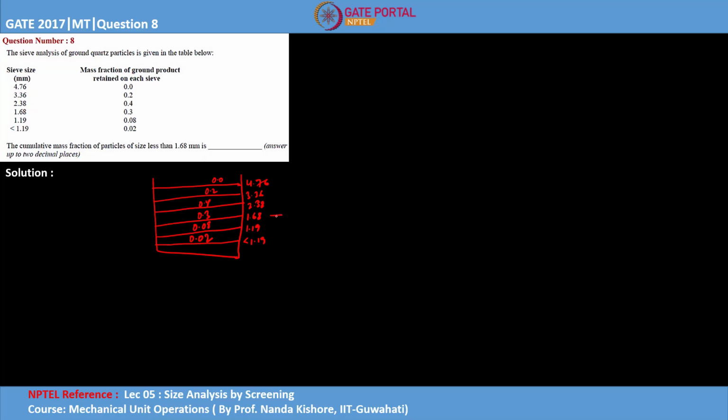So this is the sieve with the size 1.68 mm, and the question is asking for particle size less than 1.68 mm, meaning if a particle is bigger than 1.68 mm then it will be retained, and if it is smaller then it will pass through it. So the only passing particles are those with the fractions 0.08 and 0.02, because these two cumulatively pass through it.